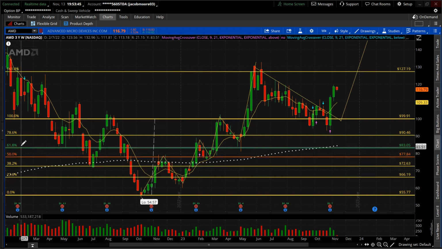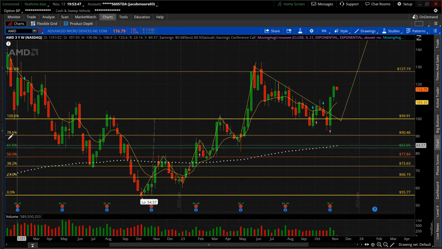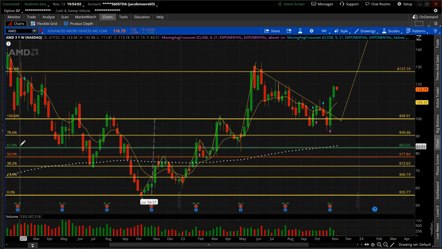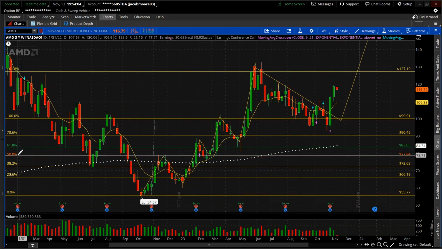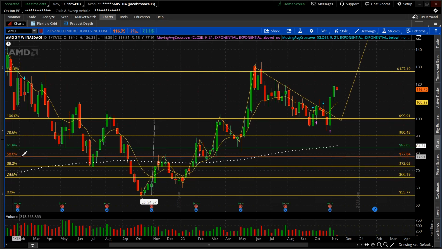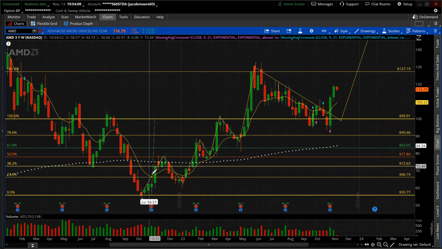So just this number is the golden ratio, and that's what you can find in pretty much all of the universe. If you pay attention, you'll start seeing the 61.8%, or people calling the golden ratio that. The 50% retracement is just there because of price action. Okay.